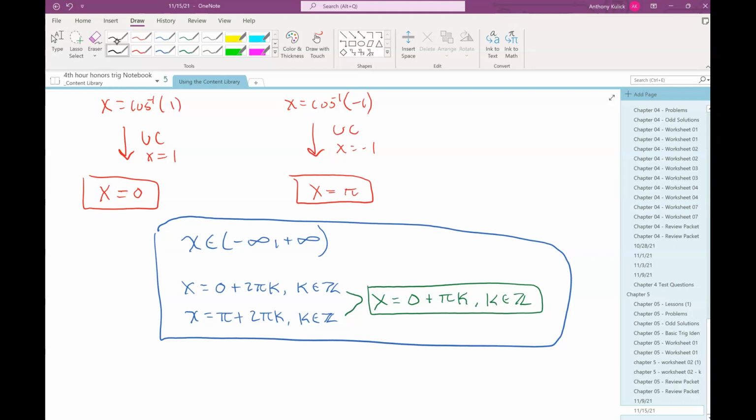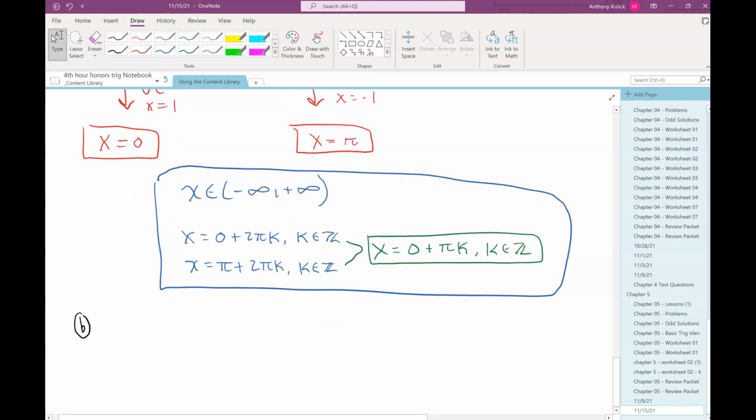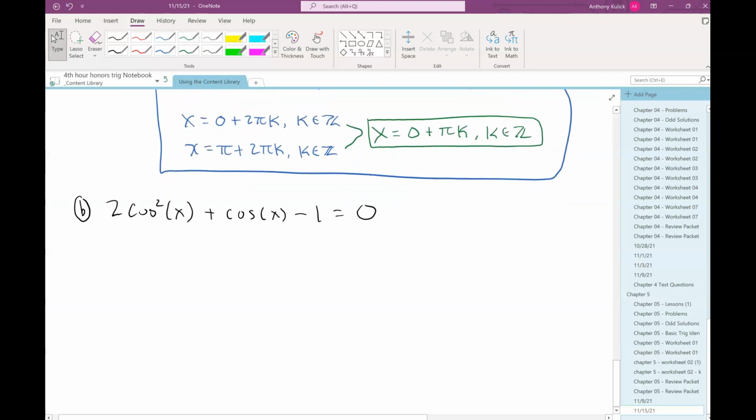Let's do another. I think we're on B now. So let's say we're solving 2 cosine squared x plus cosine x minus 1.